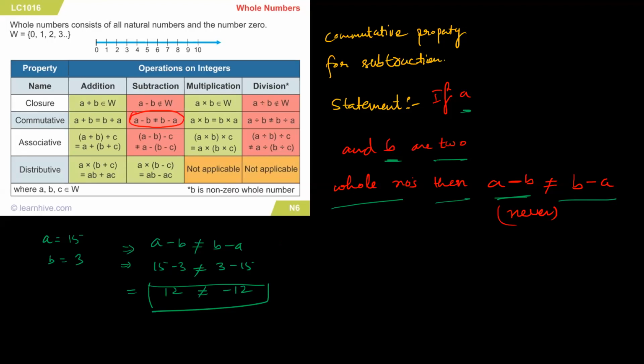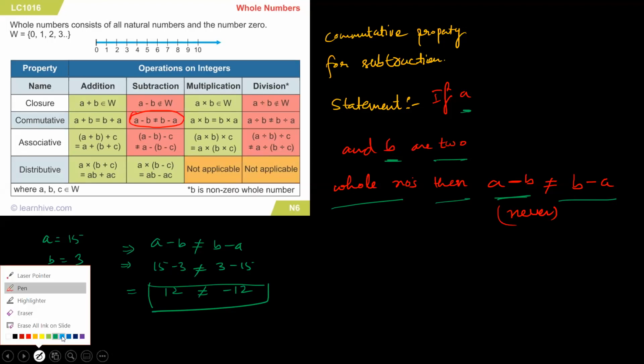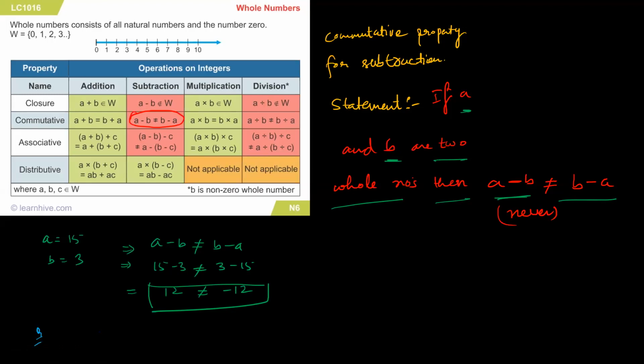Okay. Now what kind of questions may be asked from this property? The question is, let's say, 15 minus 10 is not equal to 10 minus 15. Name the property. Now write your answer. 15 minus 10 is not equal to 10 minus 15.